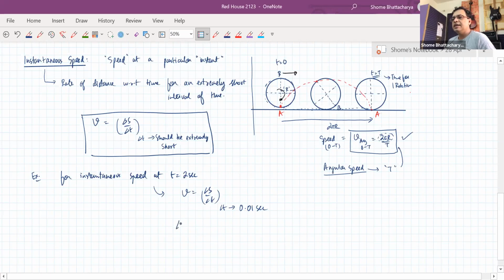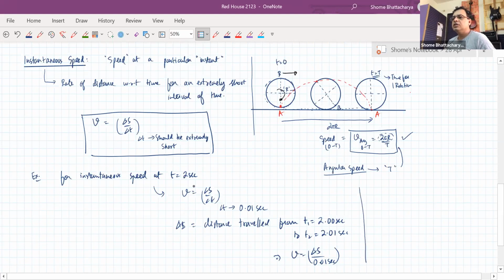So delta S is the distance traveled from t1 equal to 2 seconds to t2 equal to 2.01 seconds. That is my delta S. So it becomes delta S divided by 0.01 seconds. That's one way practically to calculate instantaneous speed.